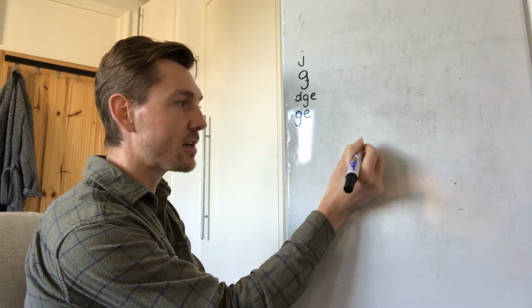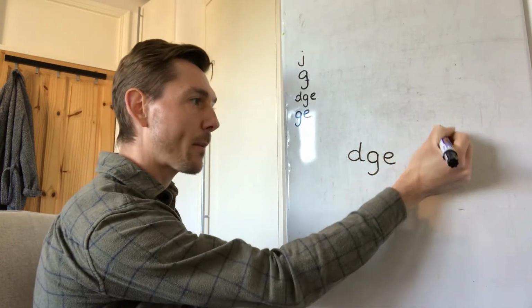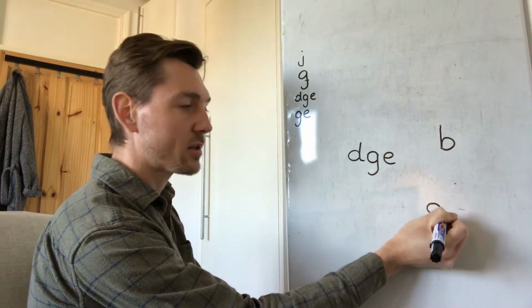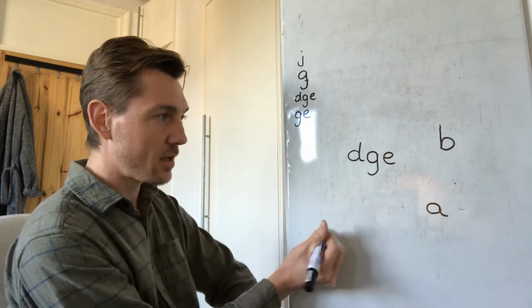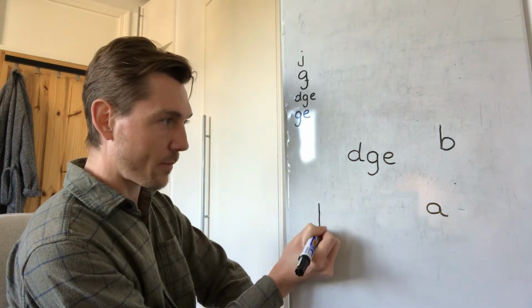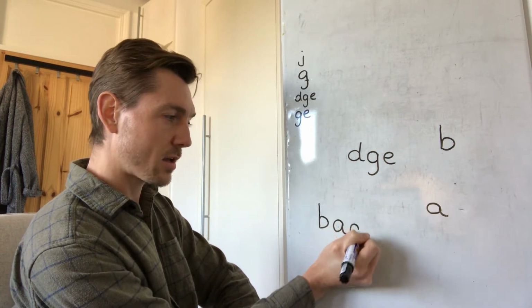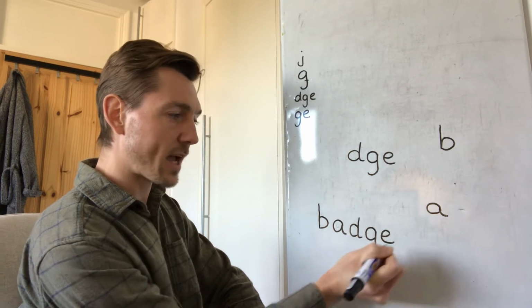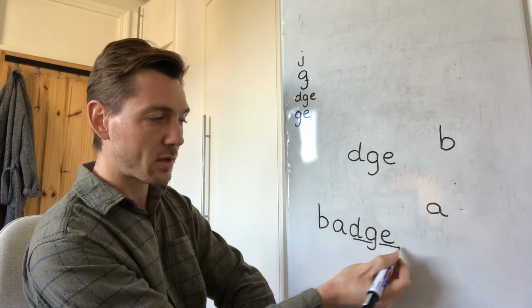Badge is the next word. B-a-j. Say the sounds and build the word badge. We used that one yesterday. B-a-j. That's the end of the word again, and we've gone back to the 3-letter spelling of j.